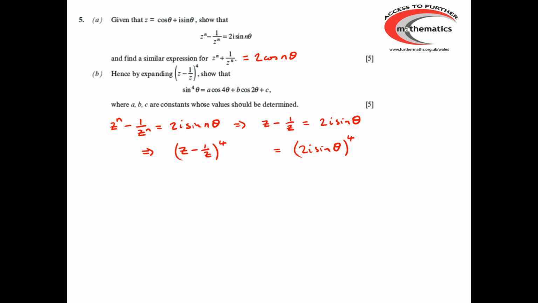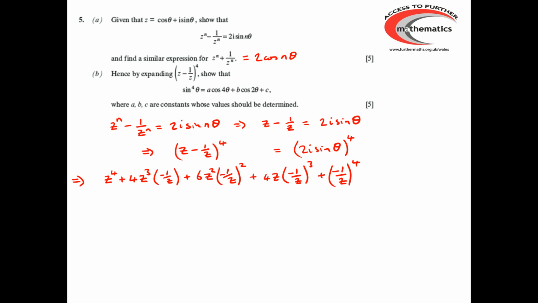Using Pascal's triangle, or indeed the binomial expansion, the expansion of the left hand side is 1 lot of z to the 4 plus 4 lots of z cubed times minus 1 over z plus 6 lots of z squared times minus 1 over z squared plus 4 lots of z times minus 1 over z to the power 3 plus 1 lot of minus 1 over z to the power 4.